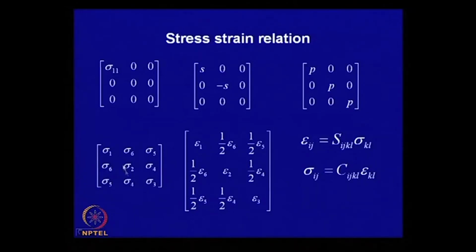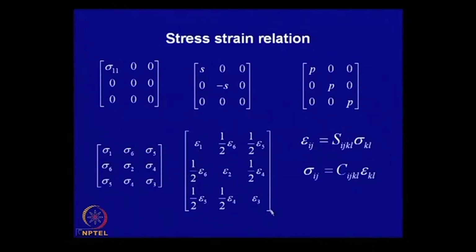So actually you will have 6 components of stress at a point: sigma 1, 2, 3, and the shear stress components, where sigma 2 3 is represented as sigma 4, sigma 1 3 is represented as sigma 5, and sigma 1 2 is represented as sigma 6.